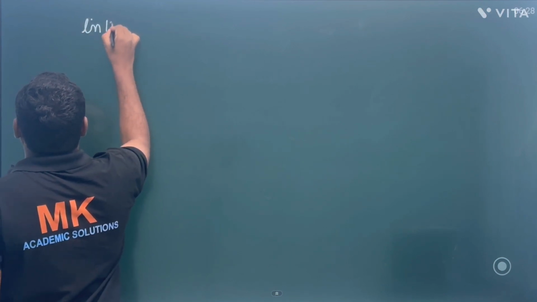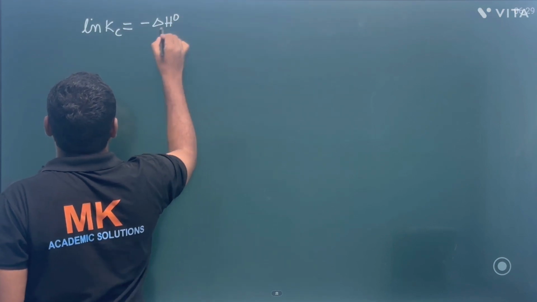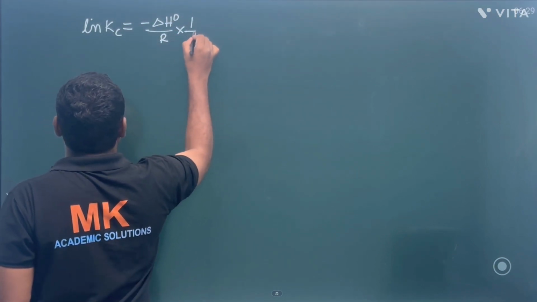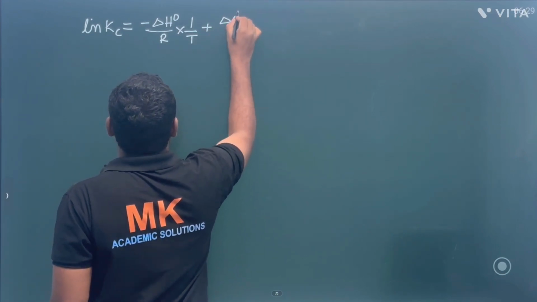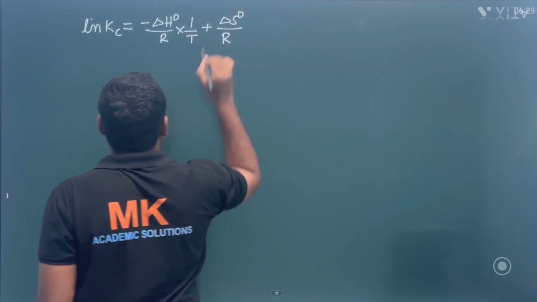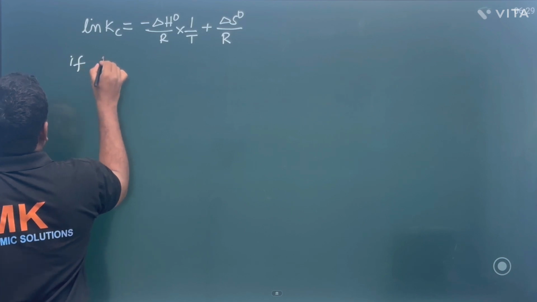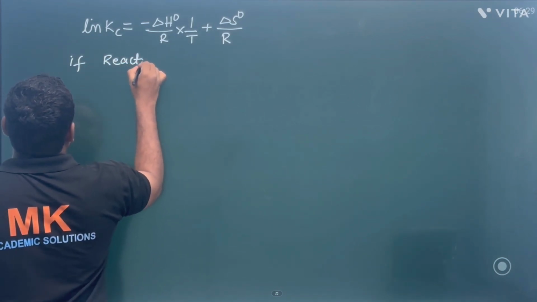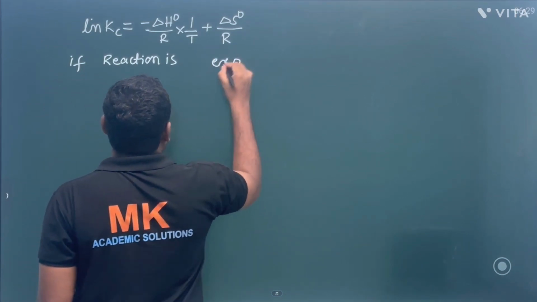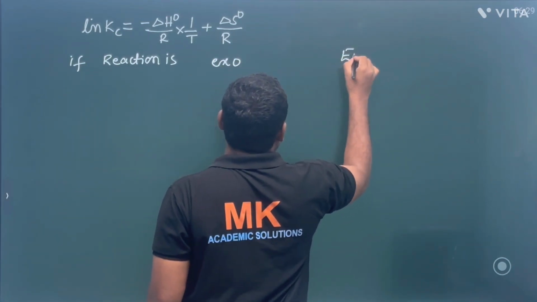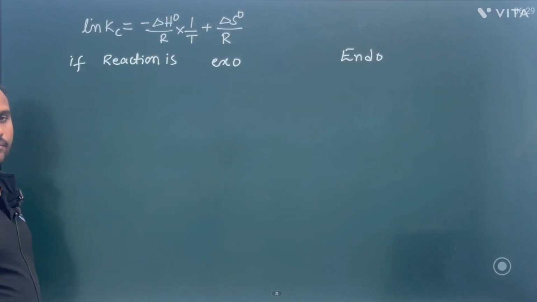Here we have ln Kc is equal to minus delta H naught by R into 1 by T plus delta S naught by R. Here we consider exothermic and endothermic reactions.